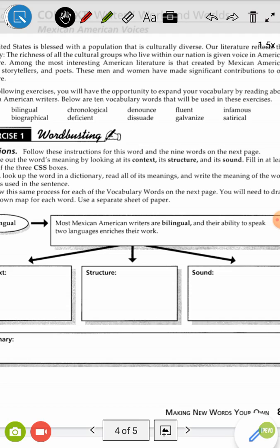What does bilingual mean? The rest tells you. Their ability to speak two languages. This is really clearly seen. So bilingual, ability to speak two languages.